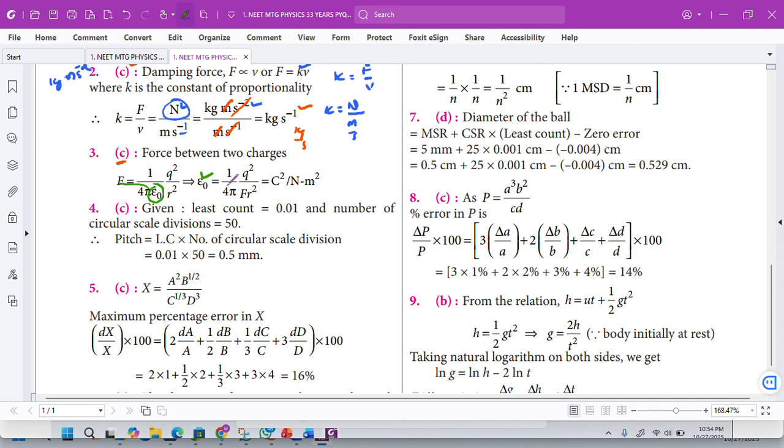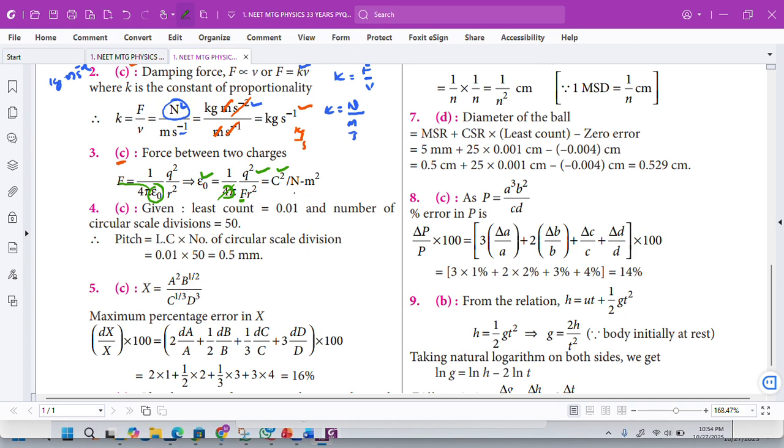So permittivity is equal to 1 by 4 pi F into r square, and in the numerator q square is there. The unit for charge is Coulomb, and since q square is there, it becomes C square. Whereas 4 pi is a constant with no unit at all, so you leave it as it is.